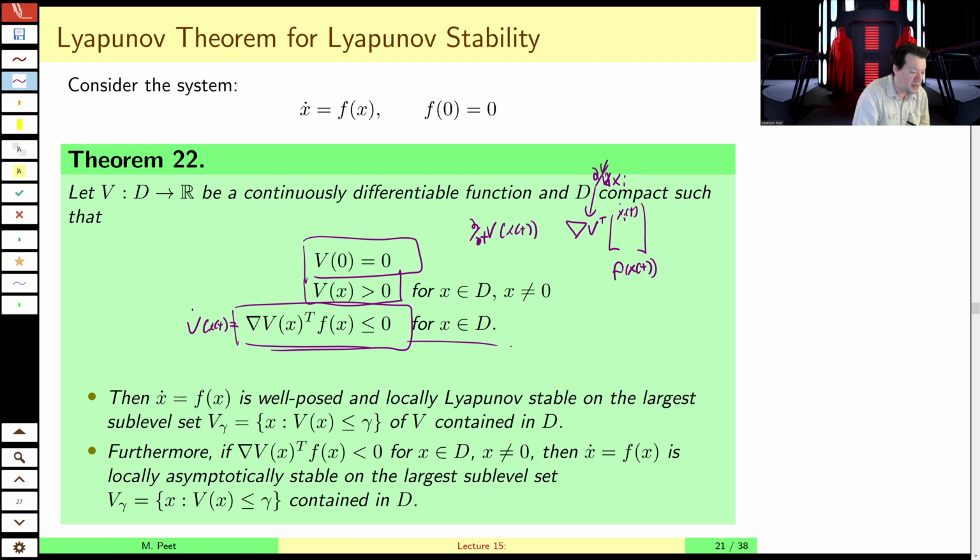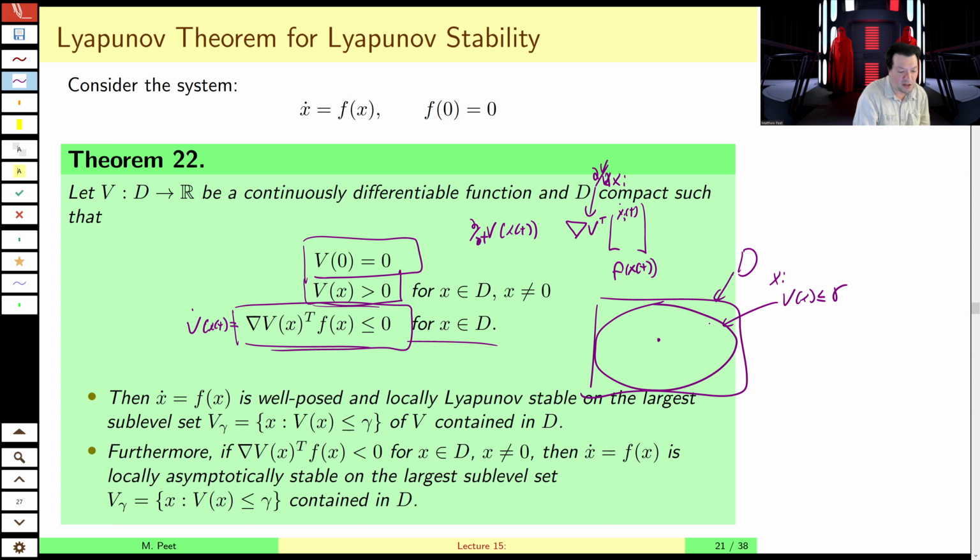Right? So if that is negative definite in this domain, and V is positive in this domain, so here's, say, our domain D, and V is positive everywhere in that domain and decreasing everywhere in the domain, then every sublevel set of that Lyapunov function, x such that V of x is less than gamma, is a domain of attraction of the origin. So the basic concept of the proof is that if you start in this set, then everywhere in this set V dot is less than 0.